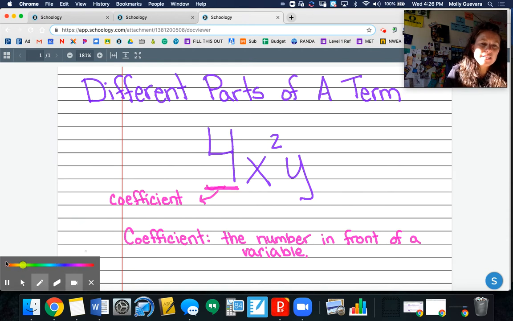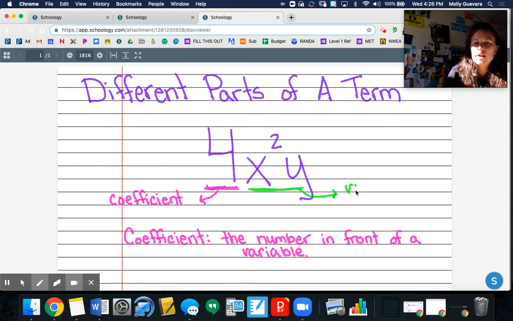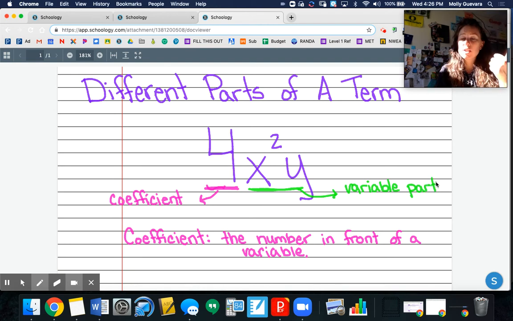And then the rest of this, let's go like a green. The rest of this, the x squared and the y, that's just called the variable part. So in this case, there's 2 parts of a term. There's the coefficient and there's the variable part.